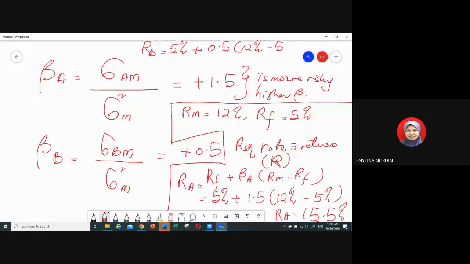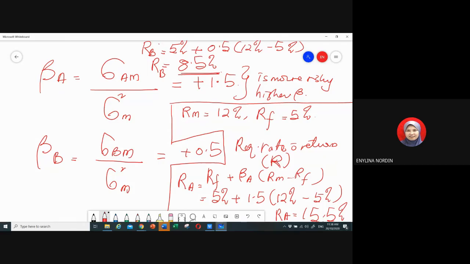So therefore returns on stock B equals to 5 plus, 7 times 0.5 is 3.5, 3.5 plus 5, 8.5, is it? 8.5, right? So this is the returns on stock B. So this is how stock B responds to the market changes that leads to the returns of 8.5%. Whereas stock A, if there is a market change, stock A's return will be 15.5%, which is higher than B.